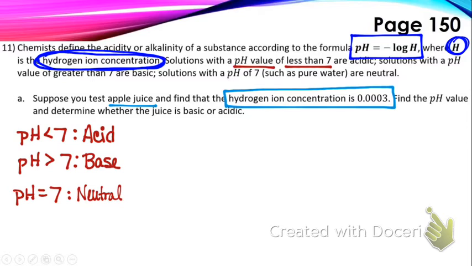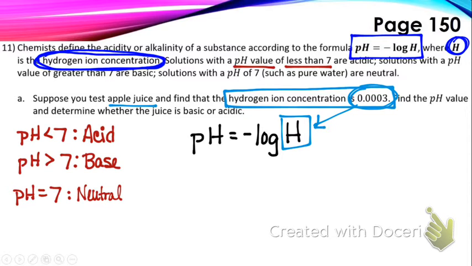Which of the variables in that equation mean hydrogen ion content? H. So I'm going to put this number in here. So the pH is equal to negative log, and then I have 0.0003.